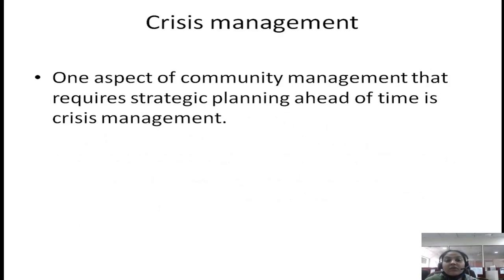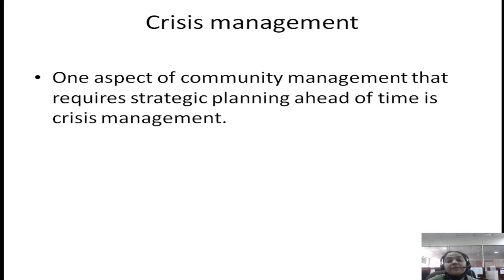Next is crisis management. I hope you would have known about risk management in your software engineering. You would have studied something called risk management in your software engineering or in your application building, right? You would have studied a lot.